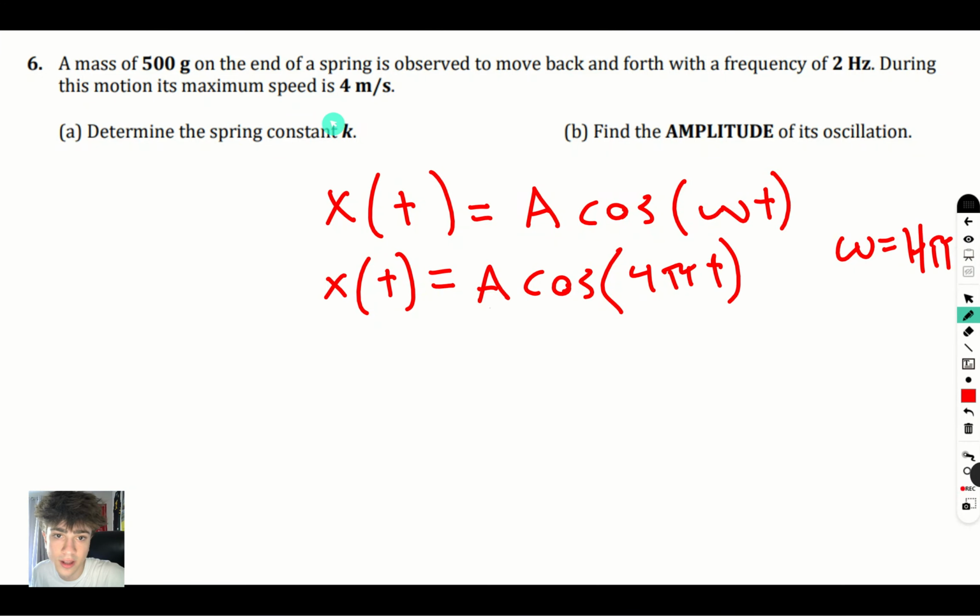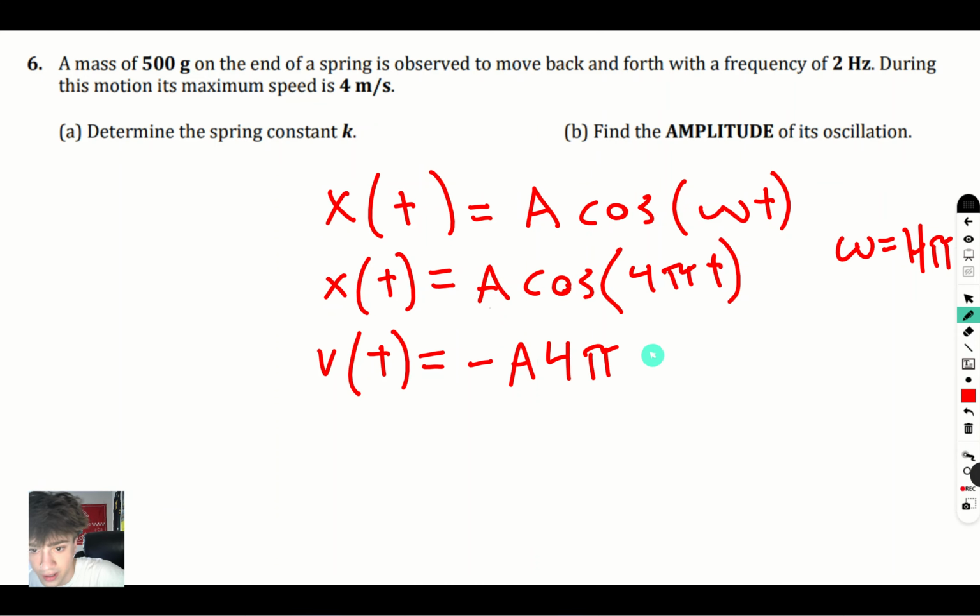From here, since we're given the maximum speed, which is just maximum velocity, let's take a derivative to get our velocity equation. The velocity equation is going to be v of t is negative a 4 pi sine 4 pi t.